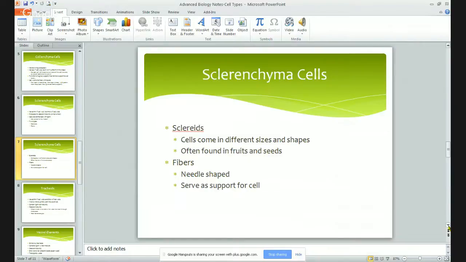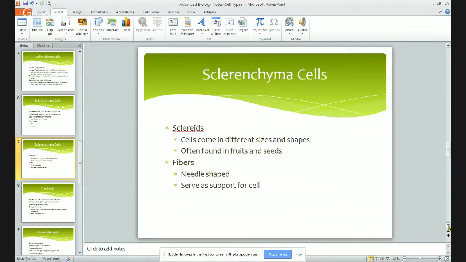And then you can see that the secondary cell wall is thicker than the primary cell wall, and that tiny little space there is where the protoplast used to be, so that's the lumen that's been left behind at maturity. So this is reinforced with the lignin, very much so, and you're often going to find these in nutshells or fruits and seeds.